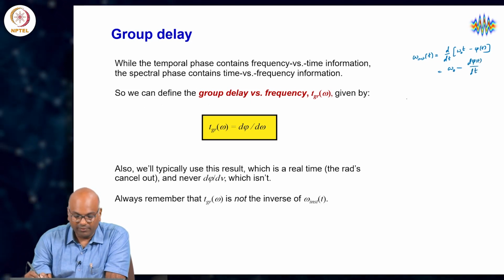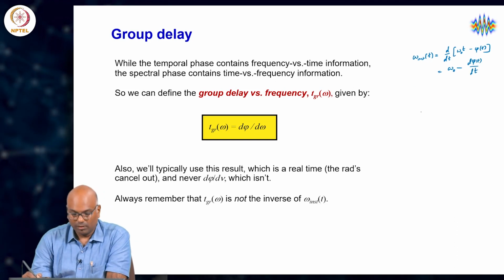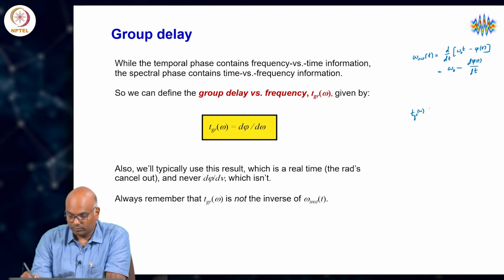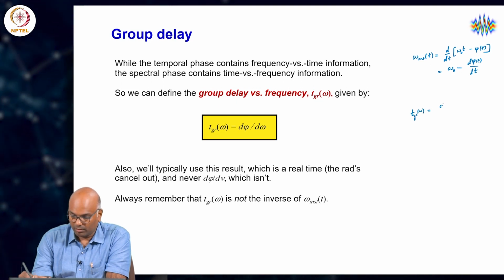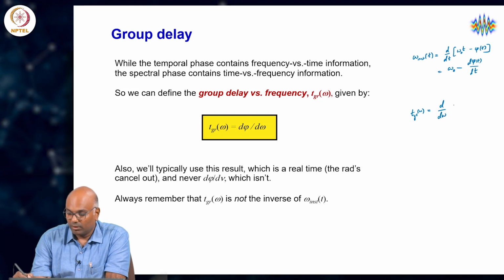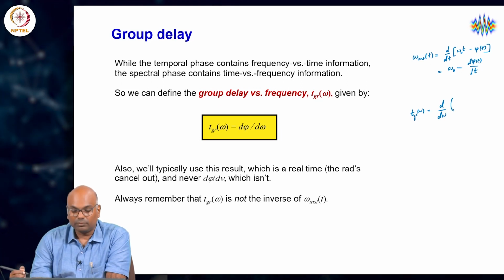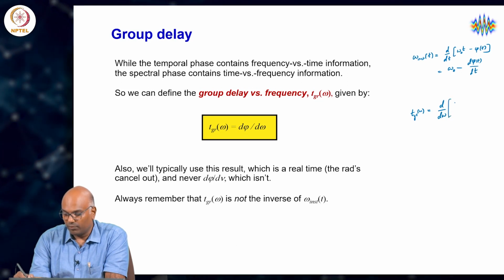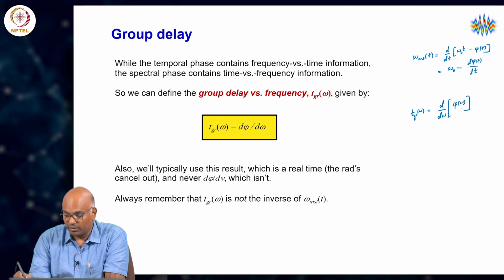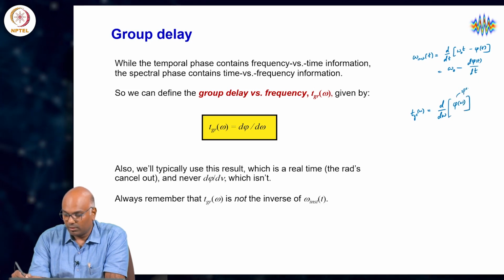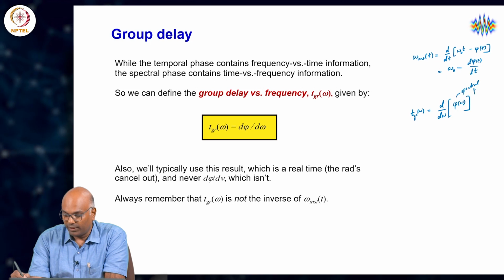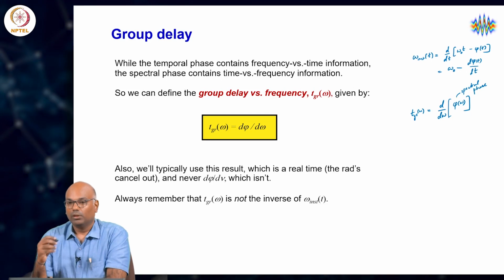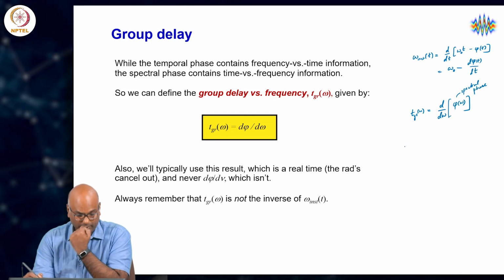Analogous to that, we have a group delay, which is likewise in the frequency domain, the frequency derivative of phi of omega, where this is the spectral phase function. This is an analogous quantity, right?